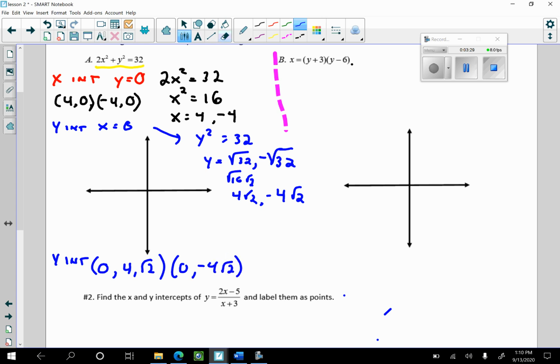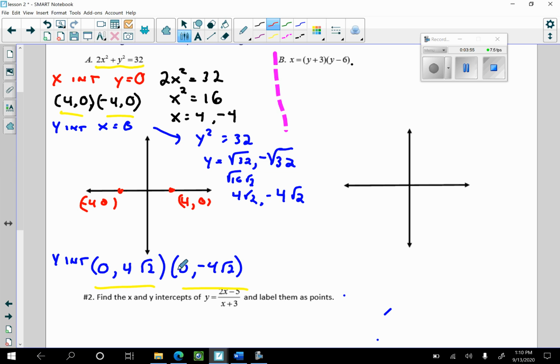So those are my y-intercepts, and it looks like we're really short on space here. But we want to graph these 4 points. I have this point, this point, this point, and this point. All I know is that 4 square root of 2 is a little bit over 4. So I'm going to plot my x-intercepts first. We're just going to let that point right there be (4, 0), and this is going to be (-4, 0).